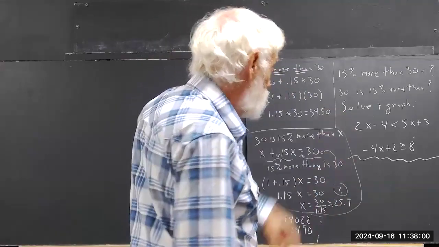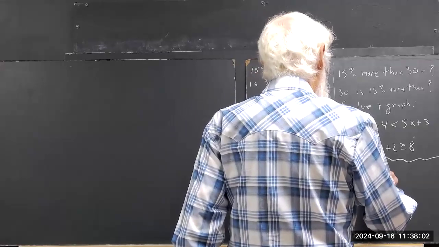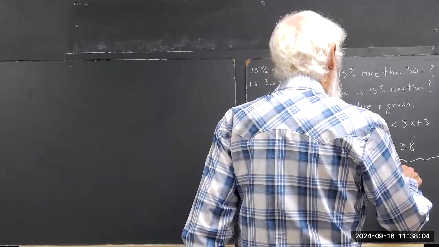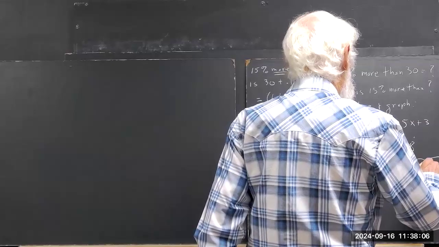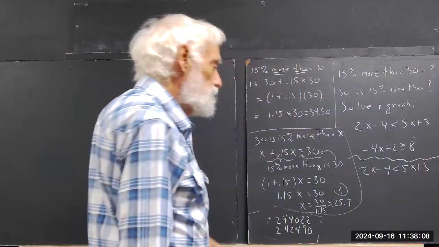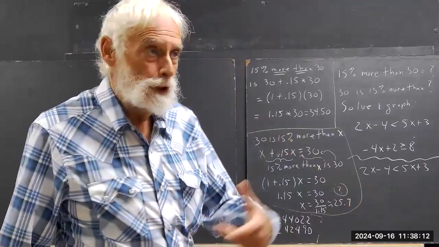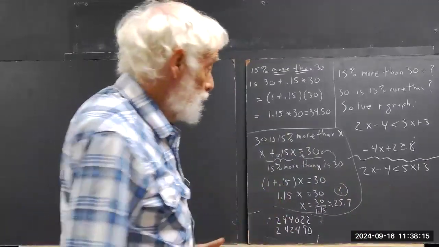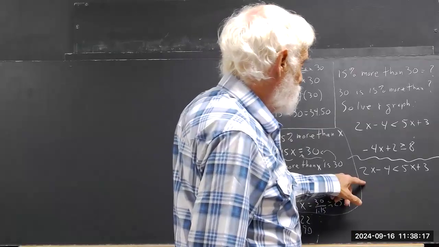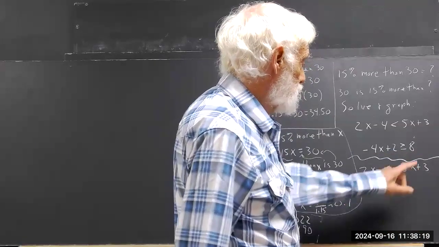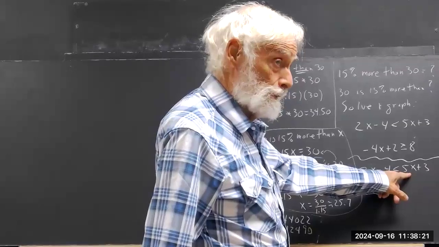Anyhow, we've got 2x minus 4 less than 5x plus 3. Now, I don't have a lot of room, so I'm going to do 2 steps at once here, but it's fairly obvious. To get the x's on this side and the numbers on this side, we've got to subtract 5x from both sides.